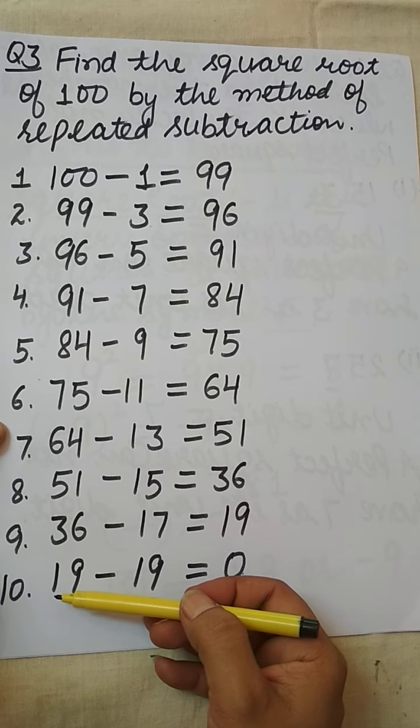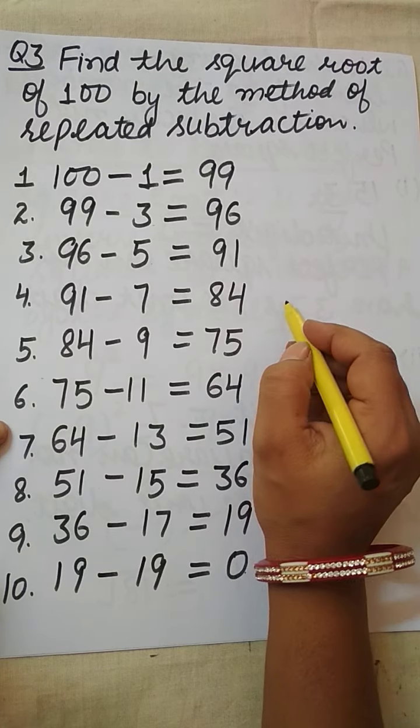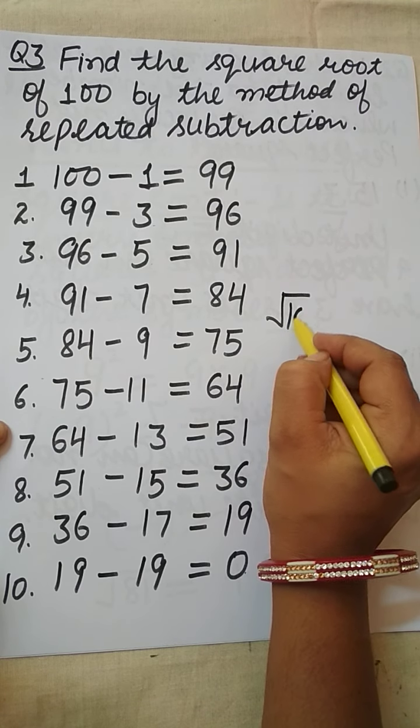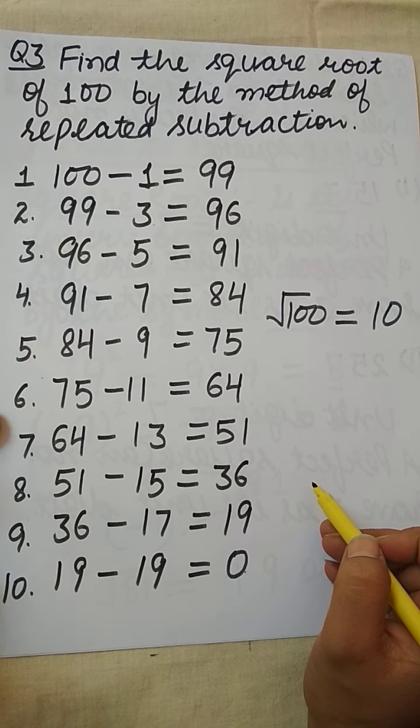I have done this in 10 steps. So the square root of 100 is equal to 10. The number of steps in which I got the answer 0 will be the square root of the given number.